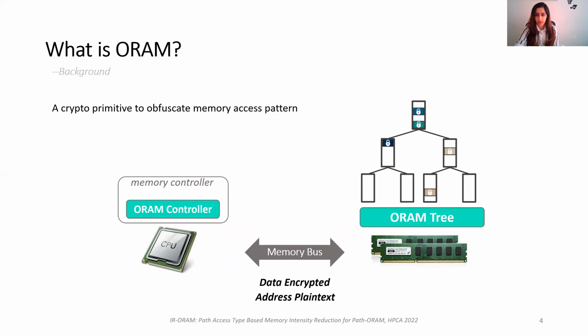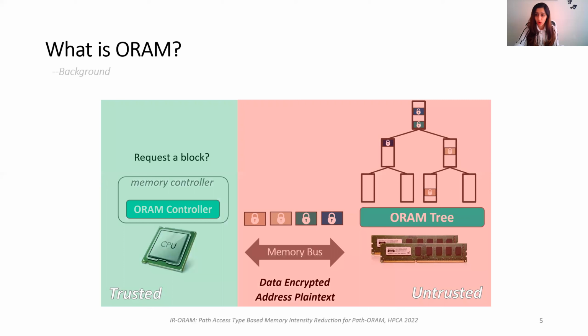The idea is when a user program requests a block, the ORAM controller translates it to many block accesses so that no outsider can tell what block the user program is actually accessing. Note that the ORAM controller is within the trusted base and everything else is untrusted.